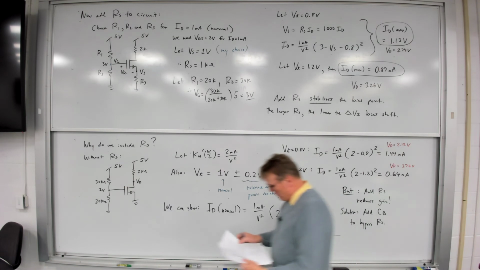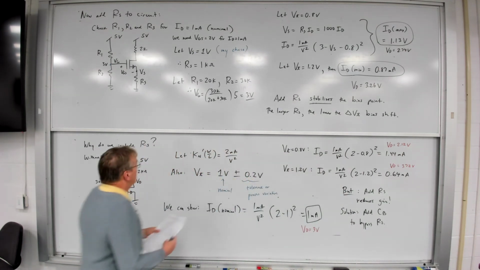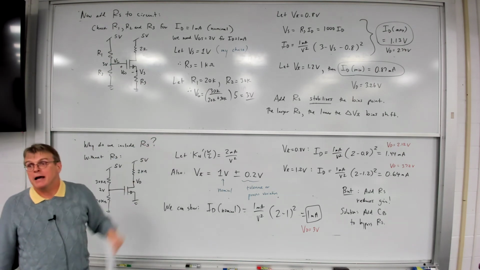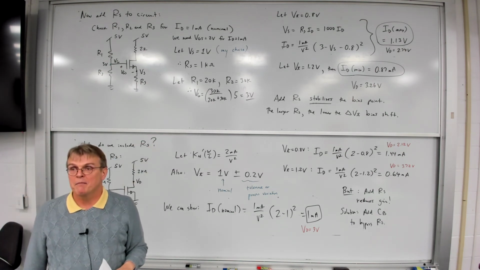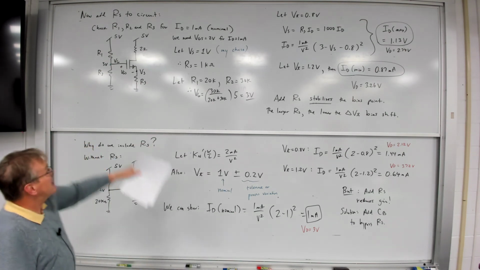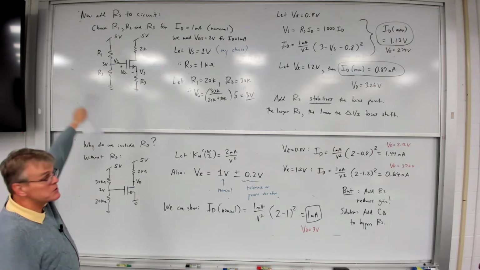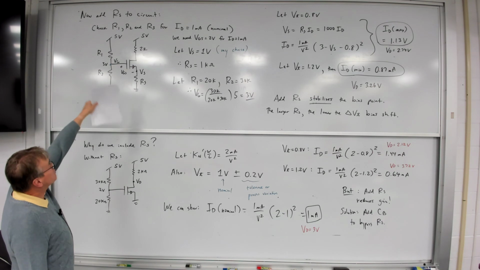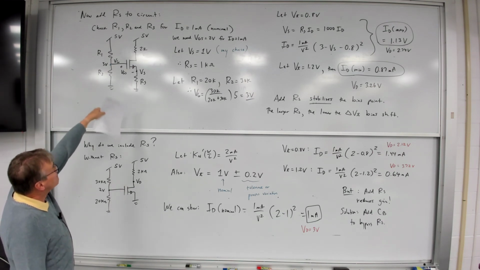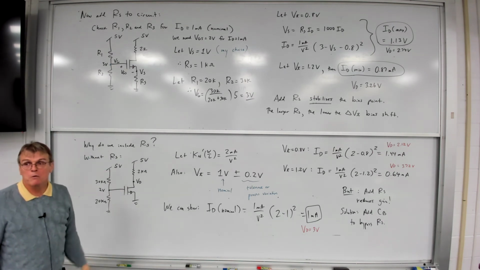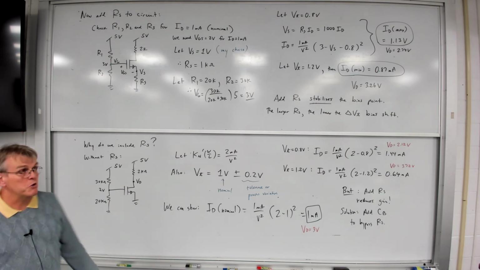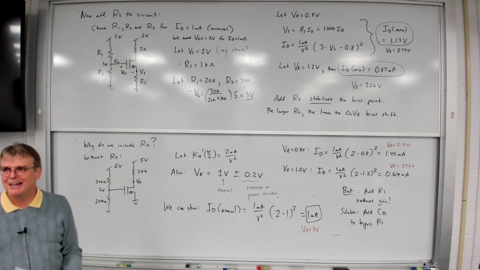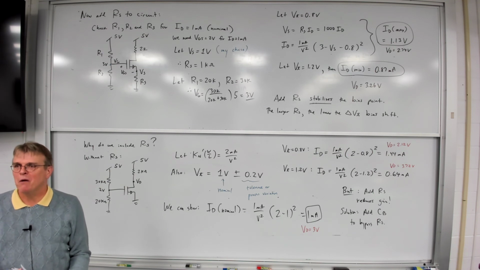All right, so we still have a couple more minutes. There is another common biasing scheme that I want to show you besides this voltage divider here. Incidentally, you can also do tricks where you have a plus and minus bipolar supply, and there's a biasing scheme where you can effectively ground the base, and you can bias it that way.